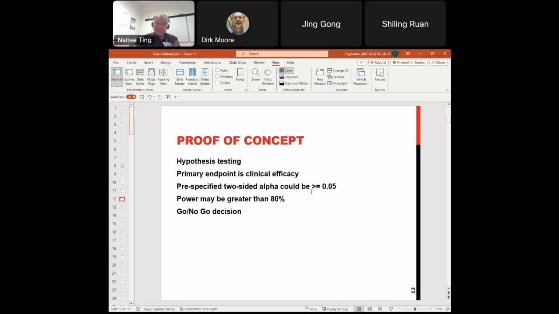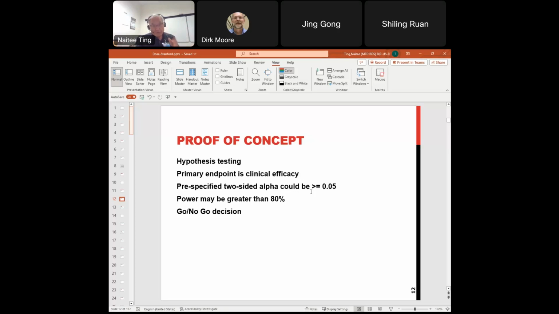But what if they cannot make a decision? That can be expensive also, right? I gave you this MTD underestimation issue. You have to redesign another study, and that delays your patent life. So when you design a POC study, you always have to have this in mind.